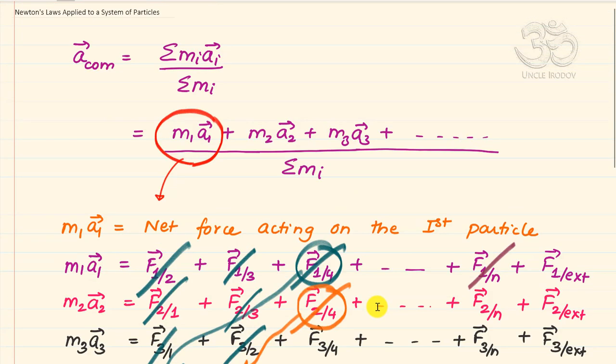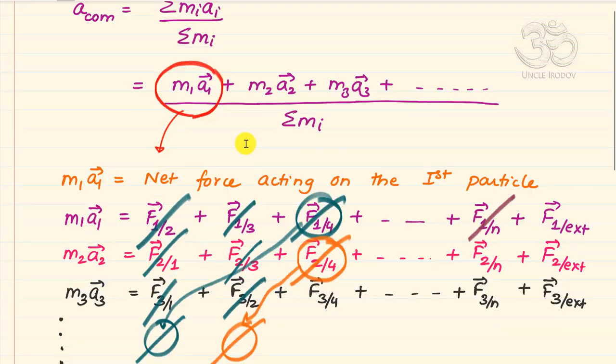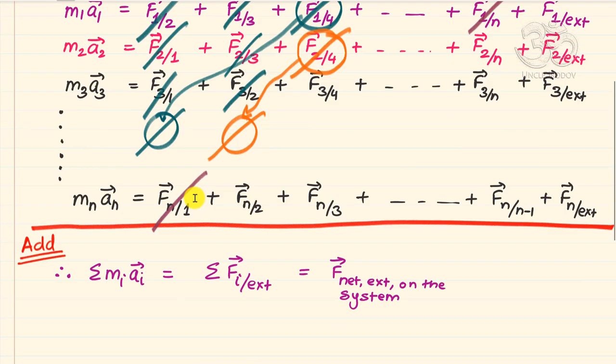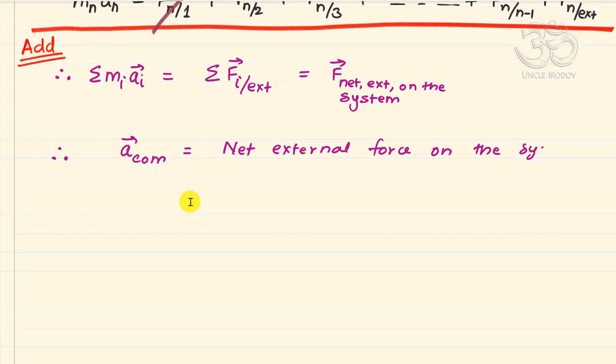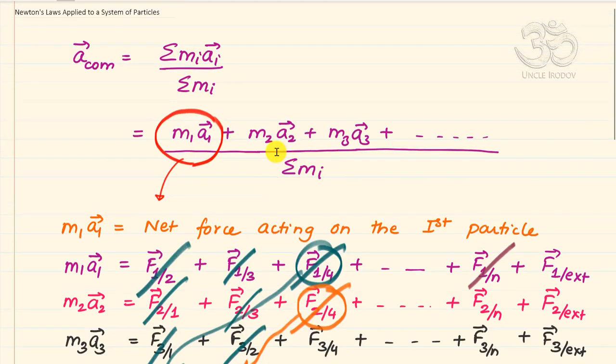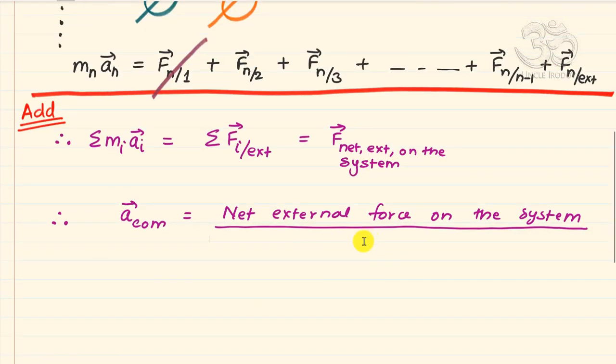So now what I can say is I have got this entire huge expression, and I can rewrite that in terms of only external forces. So therefore, acceleration of center of mass is the net external force on the system divided by, and you will see what was in the denominator here was this term, which is the total mass of the entire system.